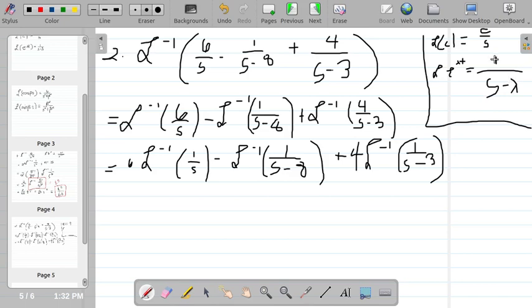So, they are the same form, and the constant here is 1.